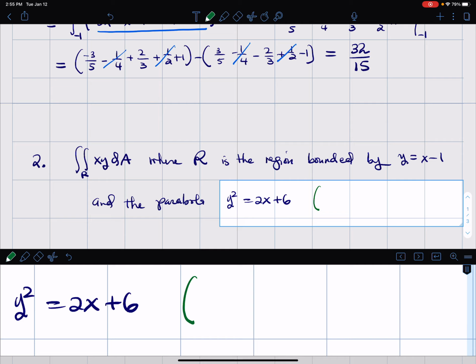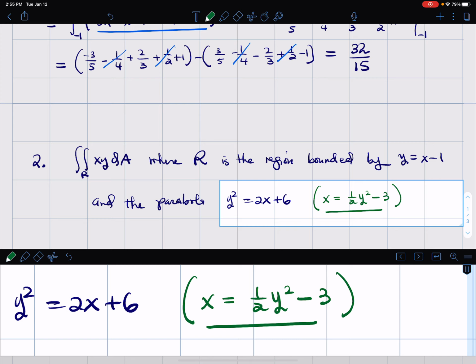This is a parabola where x is a function of y. If you rearrange and solve for x, you get x is equal to 1/2 y squared minus 3. Let's bear that in mind.